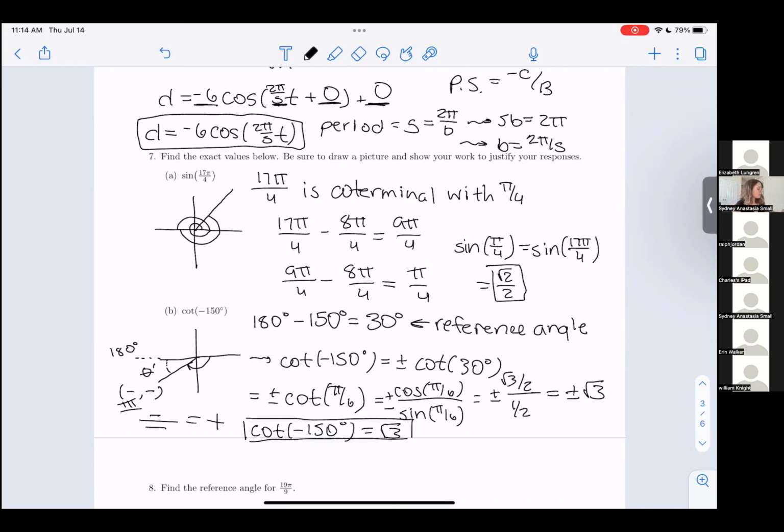Yeah. So if you remember, the cosine always just comes from the x coordinate, and the sine will always just come from the y coordinate. So we know in this case that we have a negative x coordinate because we're in quadrant 3 and all of the x values over here are negative.